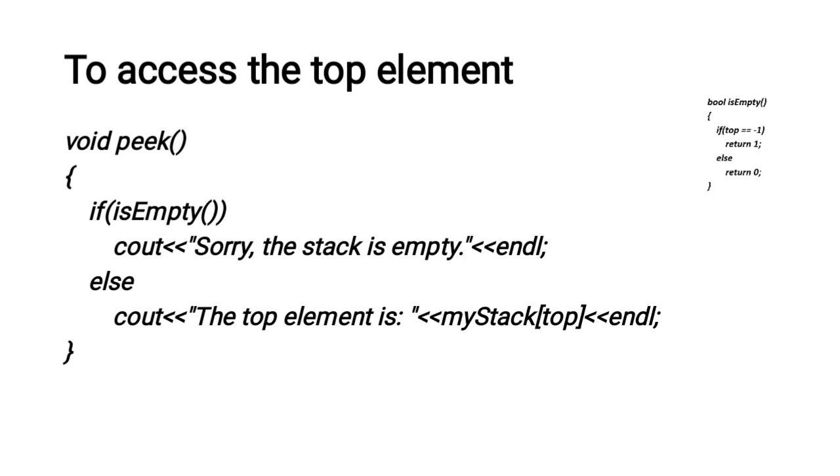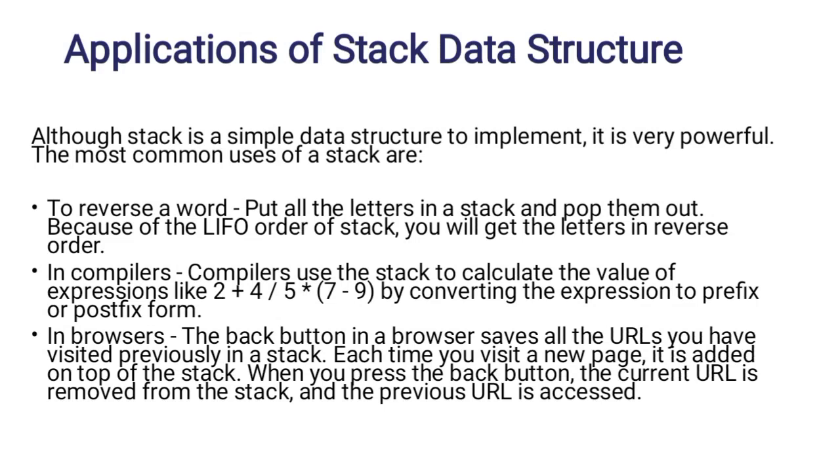I must first check if my stack is empty, because I cannot access the top element from an empty stack, right? If it returns true, it means that the stack is empty. But if it returns false, it means that it will access the top element.